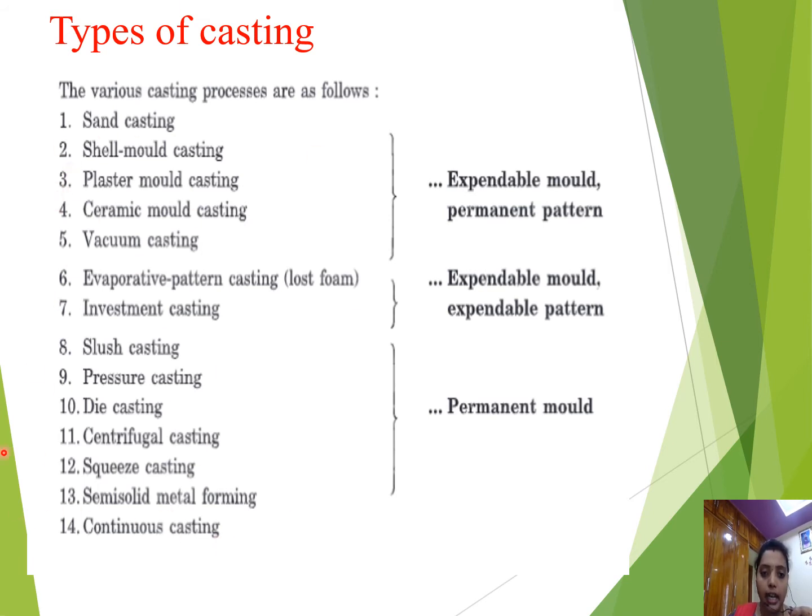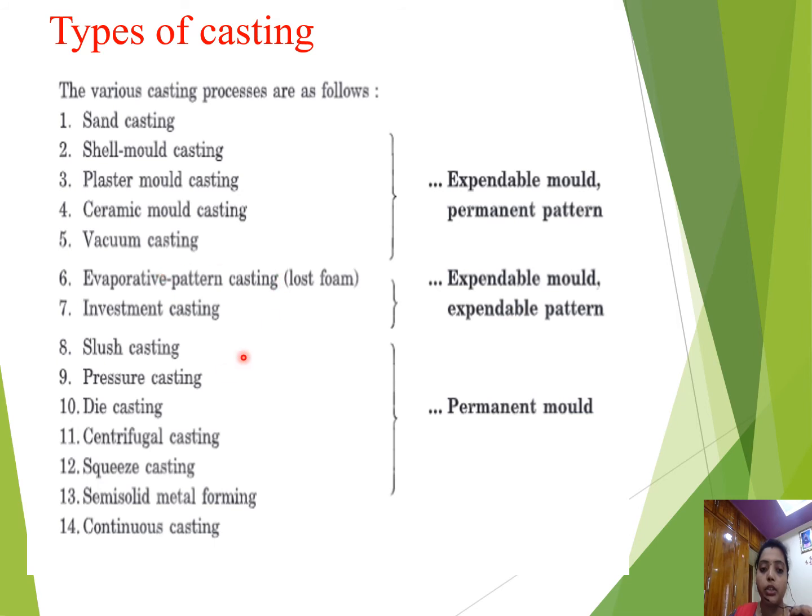In these types, up to here, the first five have expendable mold and permanent pattern. Permanent pattern means the pattern is fixed, and the mold which is used can be expendable in nature.